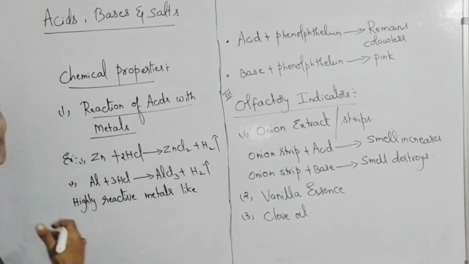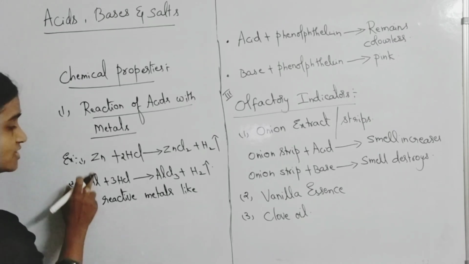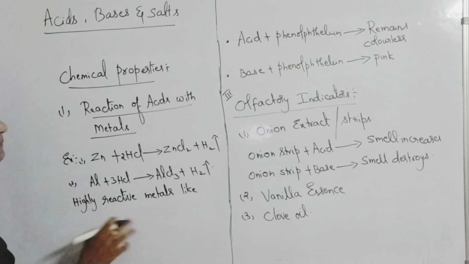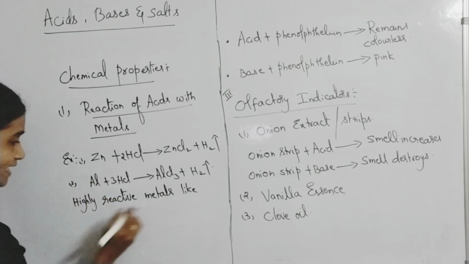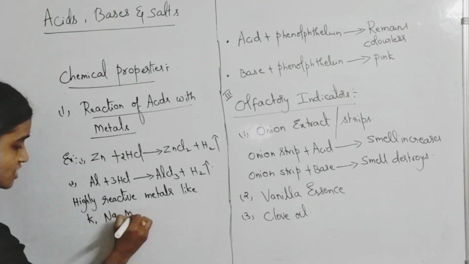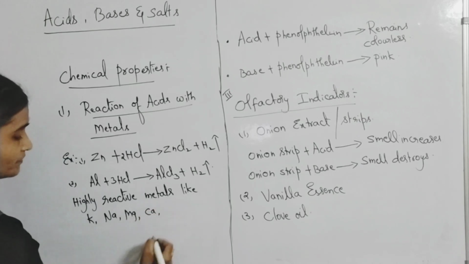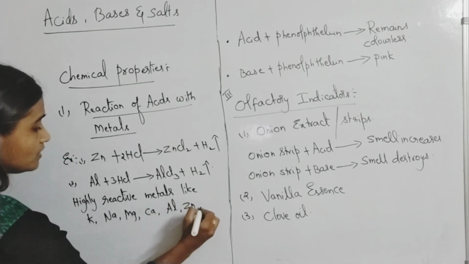Hydrogen has to be displaced from the acid, which means the metal you are giving should be a more reactive metal than hydrogen. Highly reactive metals like potassium, sodium, magnesium, calcium, aluminium, zinc, iron.